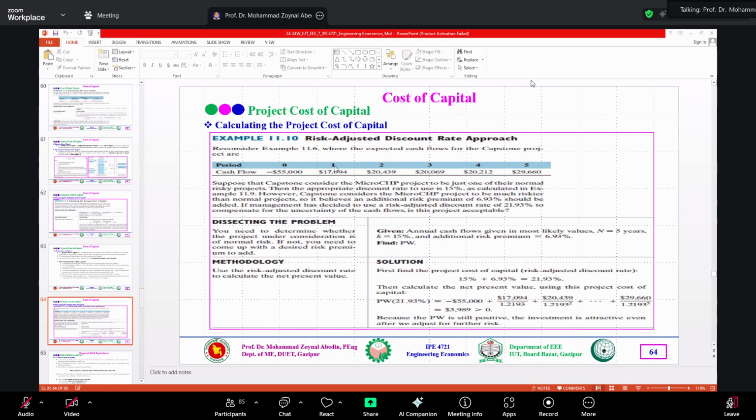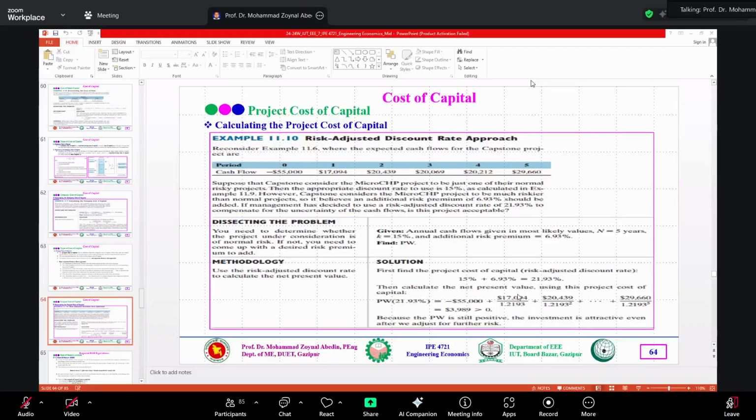And the second one is the first year cash flow, 17,094 divided by 1 plus r to the power 1, as it is the first year. But the first term is 1 plus r to the power 0, because it is the initial year, so 1 plus something to the power 0 means 1. Just the numerator value will come here. Negative means that it is invested.